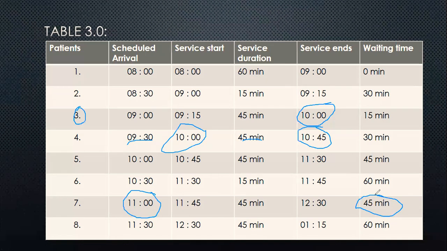I guess there is nothing more. So you can simply add all these waiting times, check all of them, and take an average. By adding all these, we can find the average.